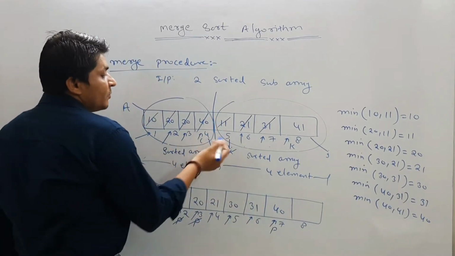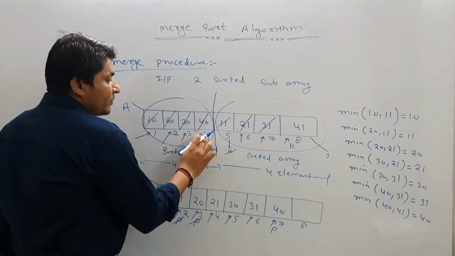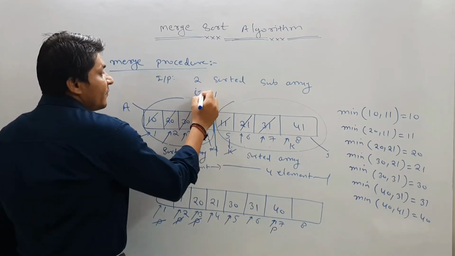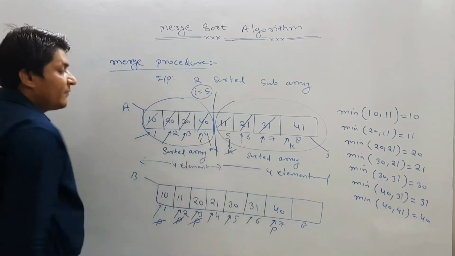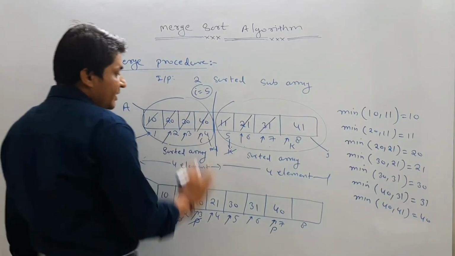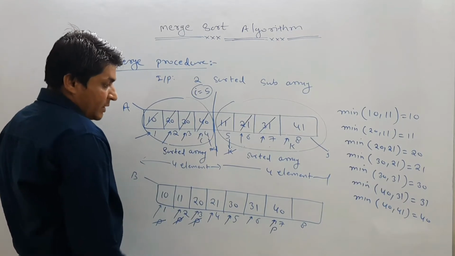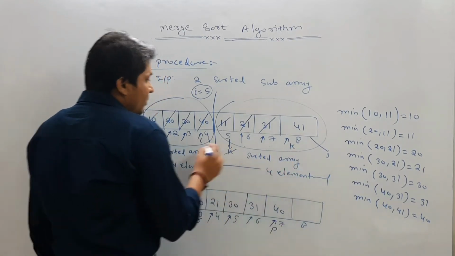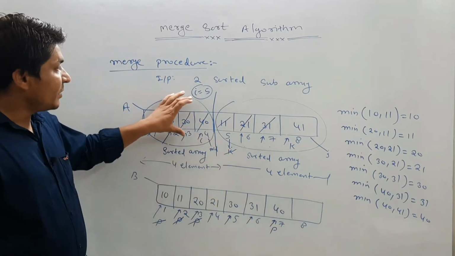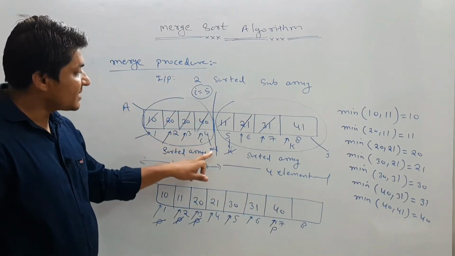Now I is pointing to the fourth location. We have already copied it, so I will be incremented. Now I will become 5, because you have already copied. Now, in this case, if I equals 5, it means I has already crossed the first array limit.